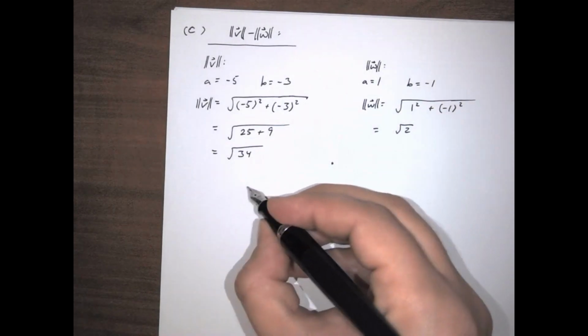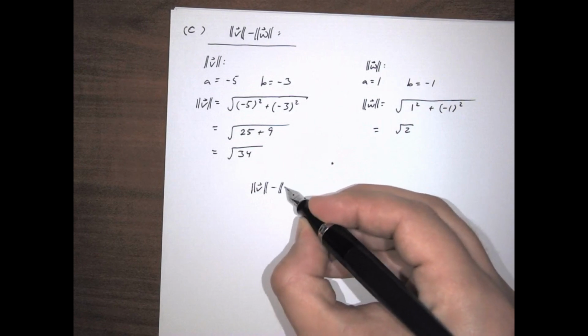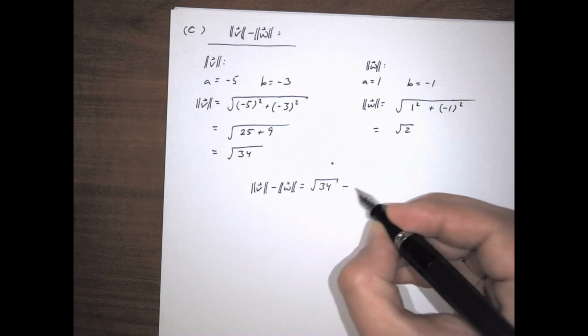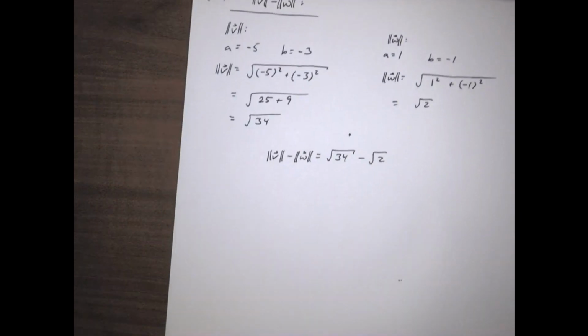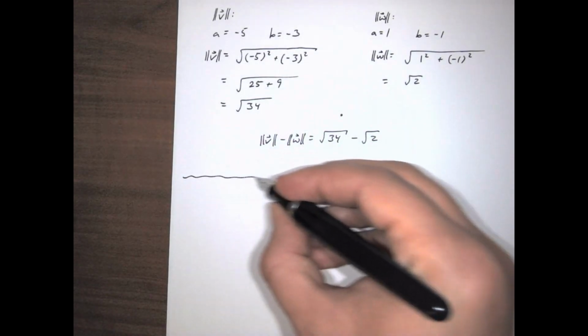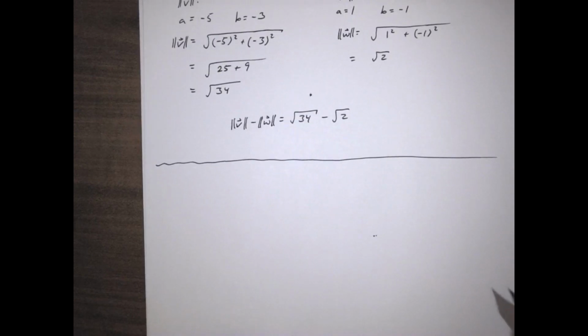And so the overall result here, magnitude of V minus magnitude of W, is equal to root 34 minus root 2. And you cannot put these together in any reasonable way. You cannot just add and subtract square roots willy-nilly. You can multiply and divide them, but you can't add and subtract them in a way that translates cleanly. All right. So that's the magnitude.